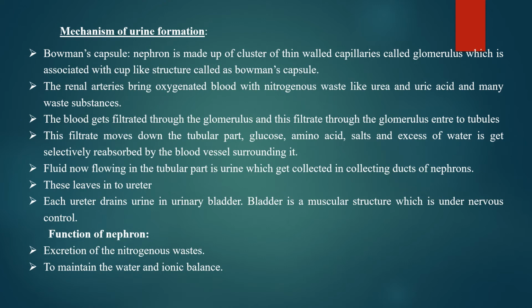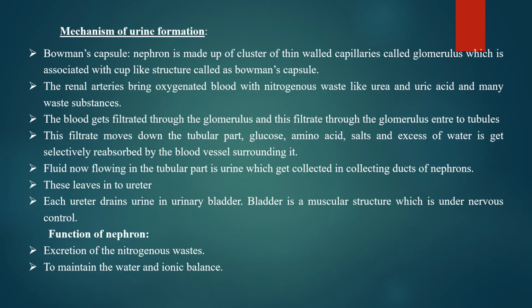This filtrate moves down the tubular part. Glucose, amino acids, salts and excess water are selectively reabsorbed by the blood vessels surrounding it. The fluid now flowing in the tubular part is urine, which gets collected in the collecting ducts of the nephrons, and then it leads into the ureter.